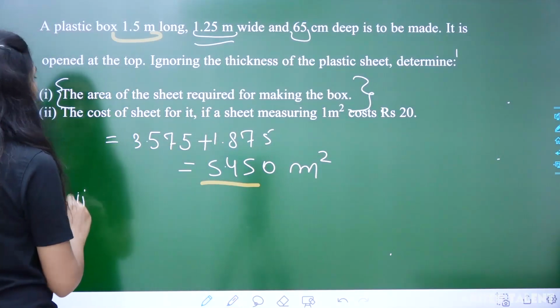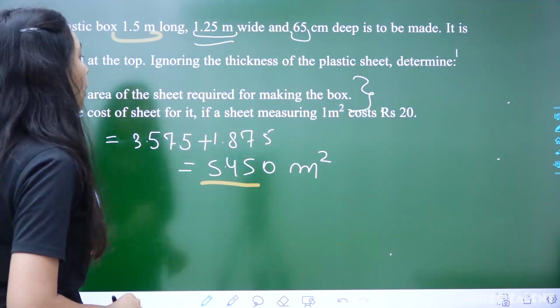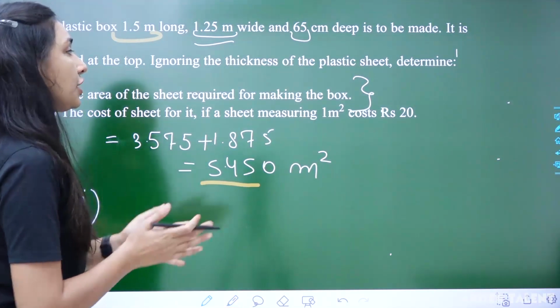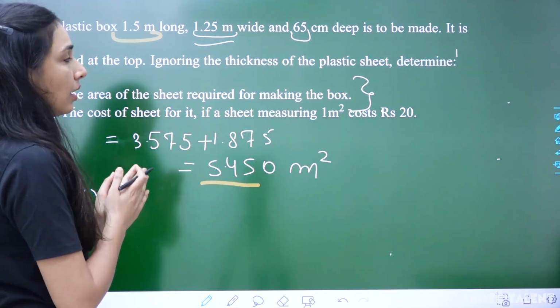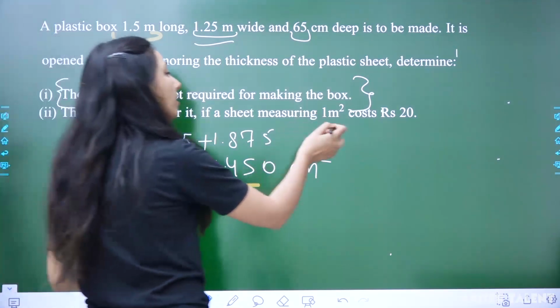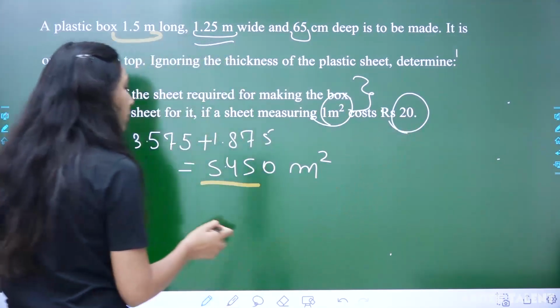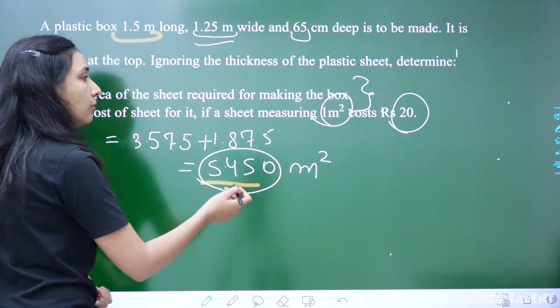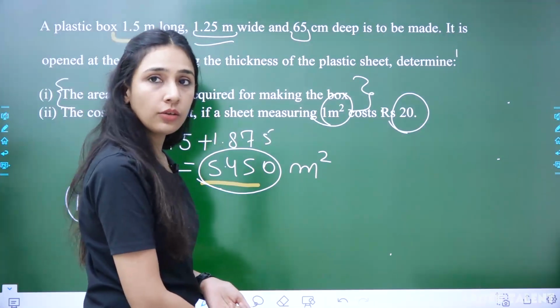Now the second part is the cost of the sheet for it. If a sheet measuring 1 meter square costs 20 rupees, for this meter square you will have to multiply by 20 rupees.